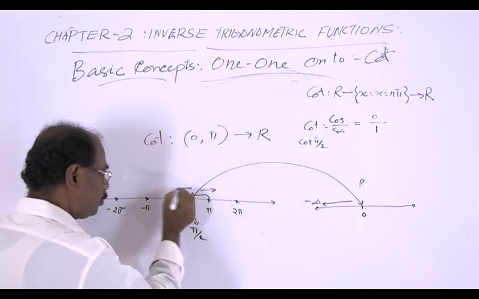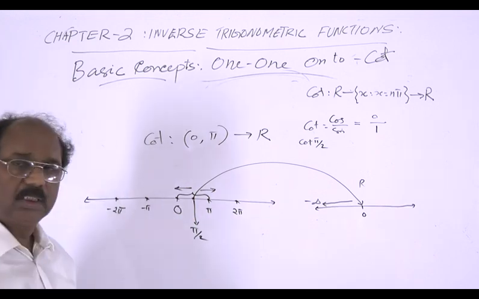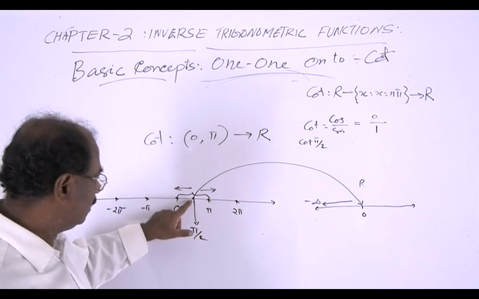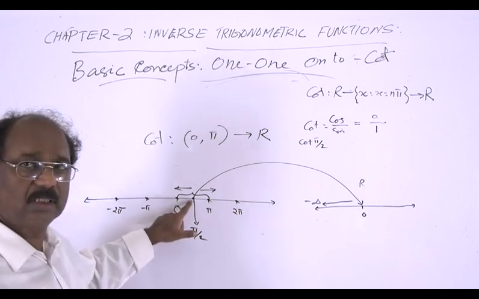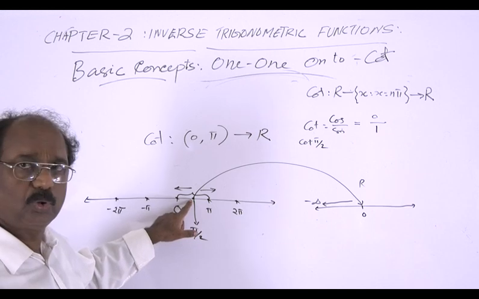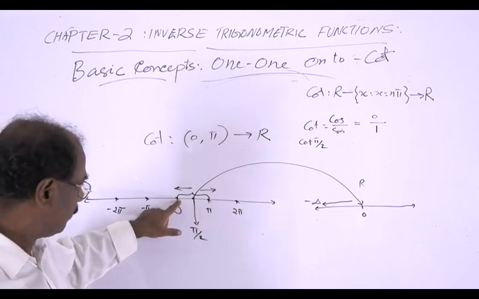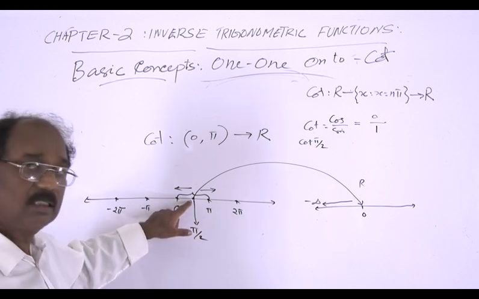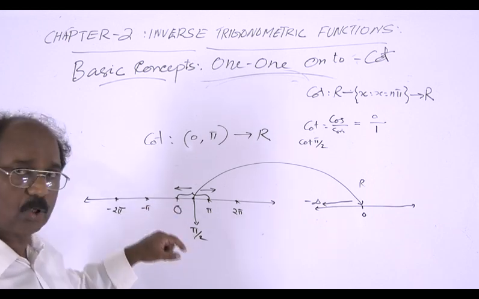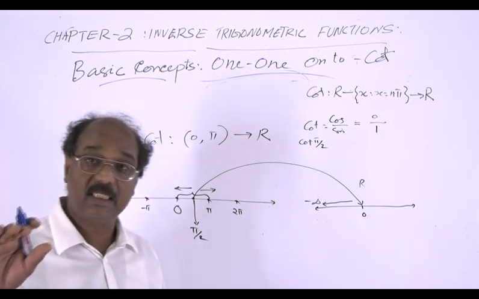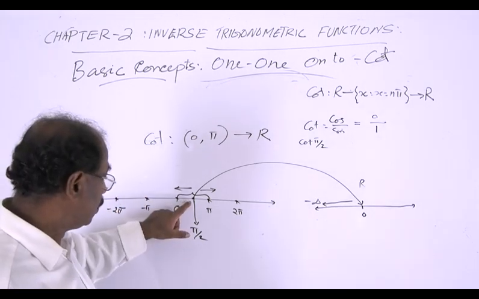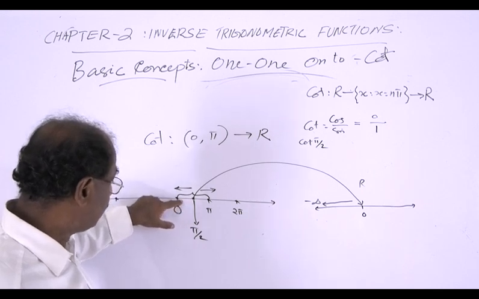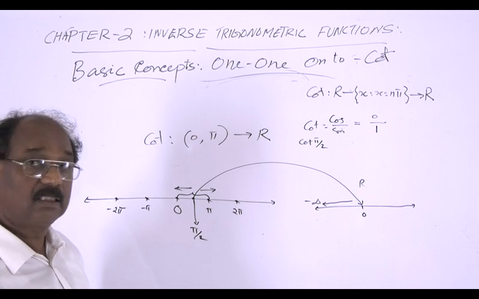Similarly, from π by 2 to 0, sin is positive and cos is positive. Cos π by 2 is 0, and approaching 0, cos 0 is 1, so cos is increasing, and sin is decreasing, approaching 0.